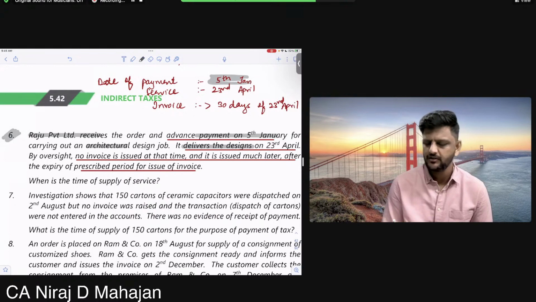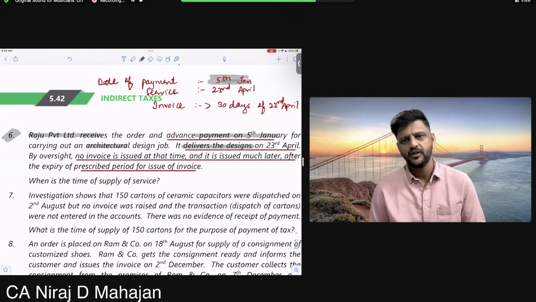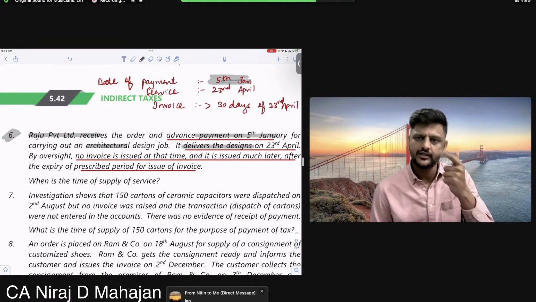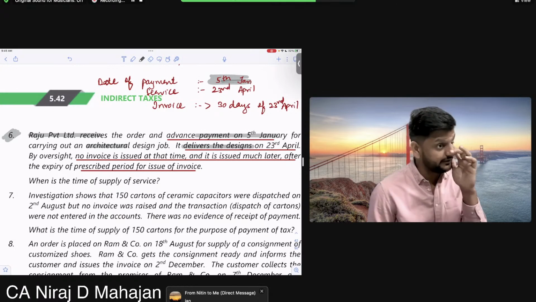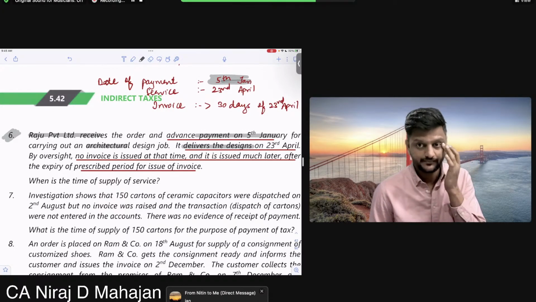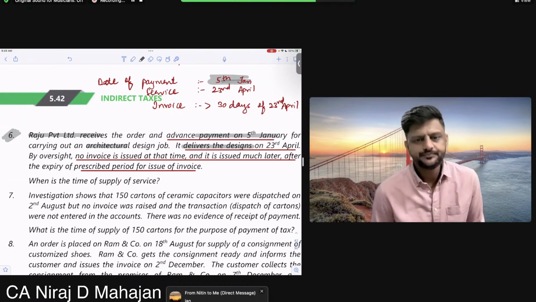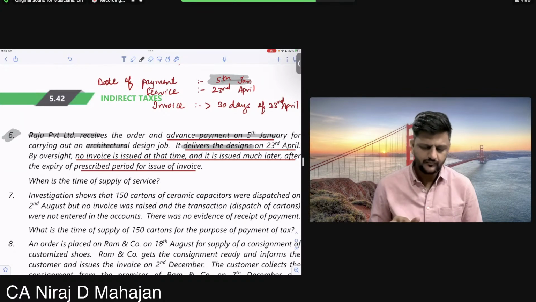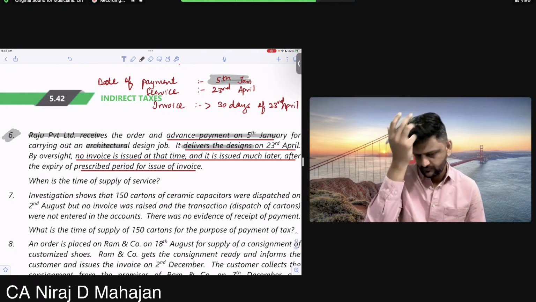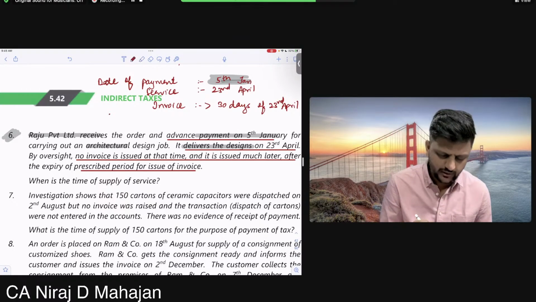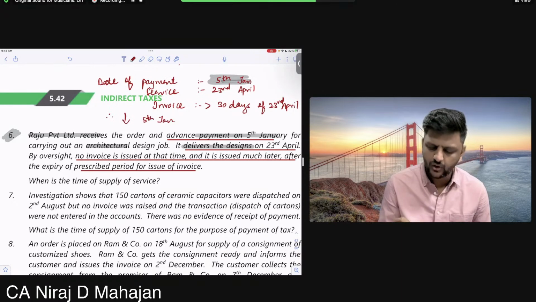5th January. But yes, you'll have to tell the entire story. You'll have to give section 31 and then section 13. 31 and 13. Is it right for service? Yes or no? Done? Therefore, you can say the earlier of 5th January or 23rd April. If you want, you can write this down.